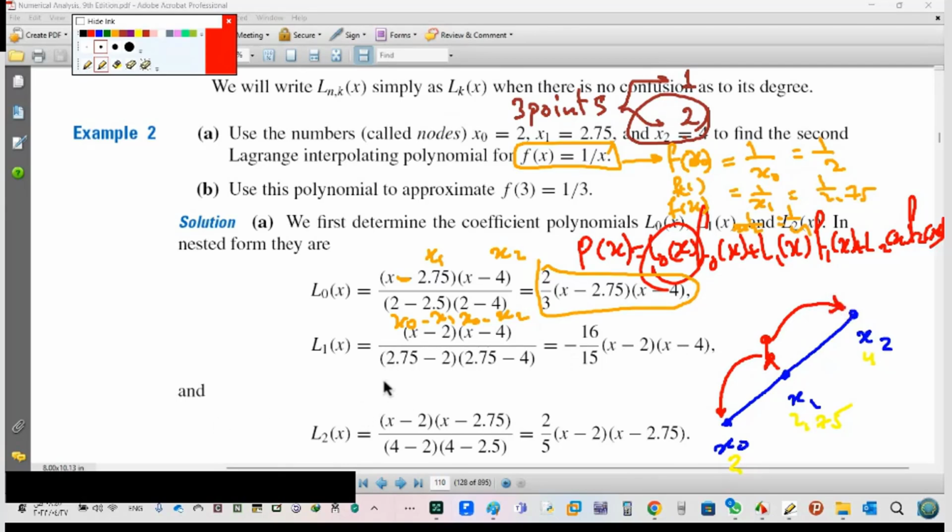So it is (x minus x0) over (x1 minus x0), multiplied by (x minus x2) over (x1 minus x2). Is it clear or repeat?